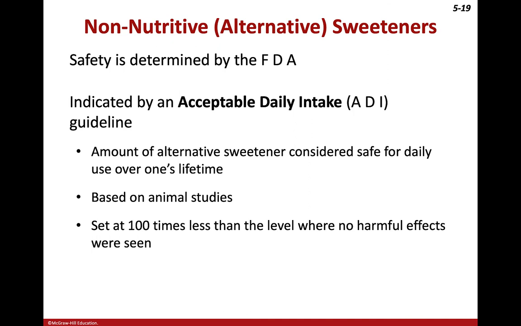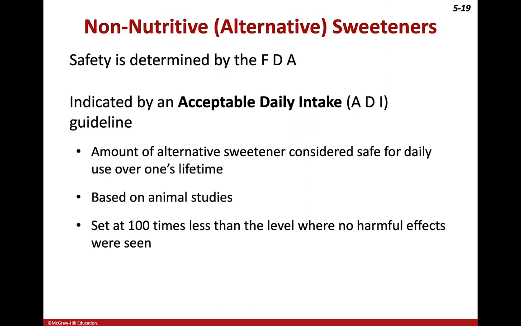The research on these alternative sweeteners is based on animal studies, but I also want to point out the ADI is set at 100 times less than the level where no harmful effects were seen. This is important.